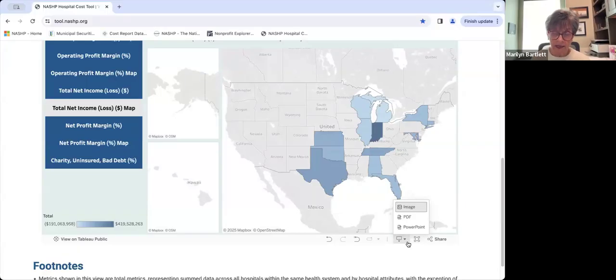And then a colleague here at NASHP has been playing with this and showed me how once you download it, you can trim it, you can narrow the focus, and put it in a particular document or a PowerPoint that you're using. This is going to be a real useful tool for us. I also like over here on the map that it can scroll between the lowest to the highest.